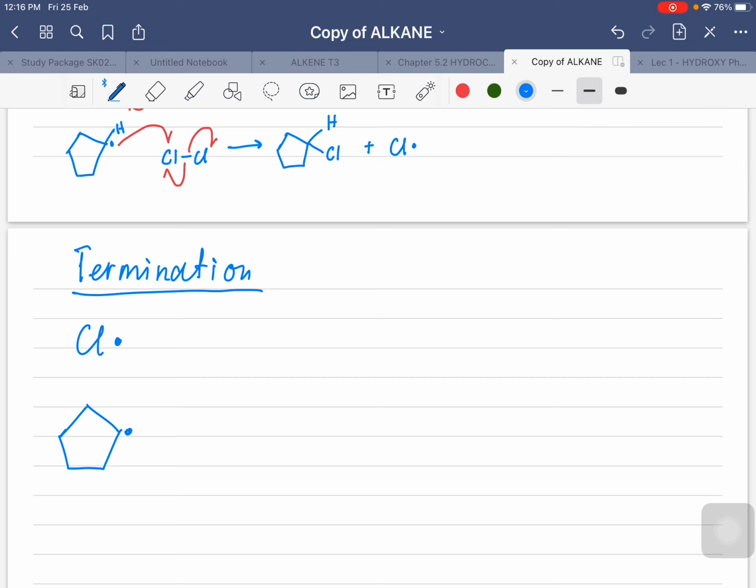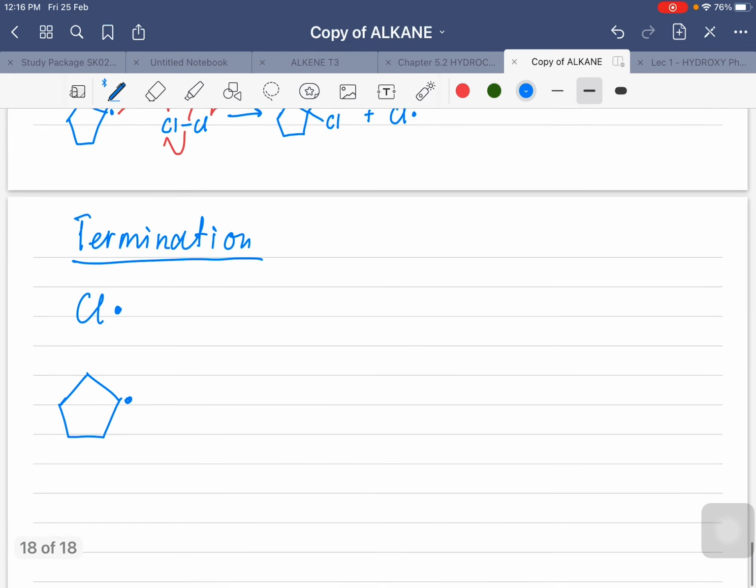So apa yang kita buat, dua jenis kita boleh buat 3 combination, iaitu chlorine radical dengan chlorine radical, alkane radical dan alkane radical. Another one is alkane radical dengan chlorine radical.